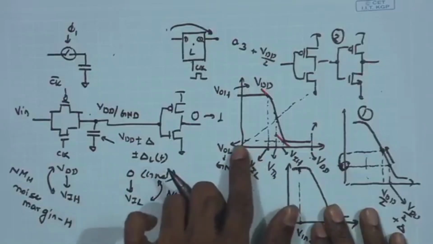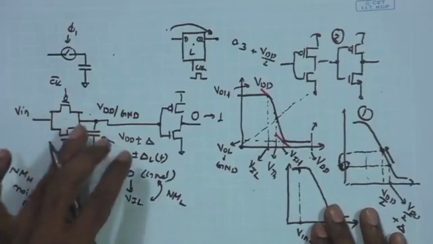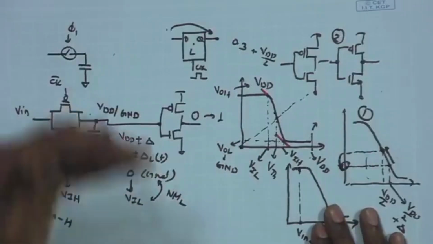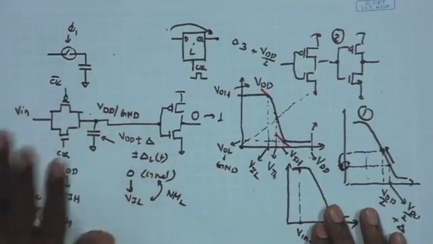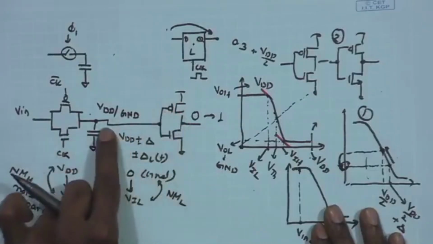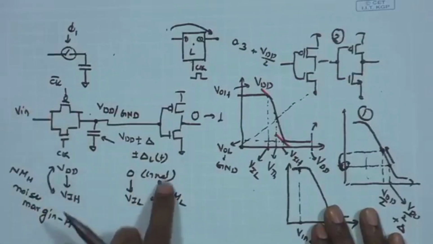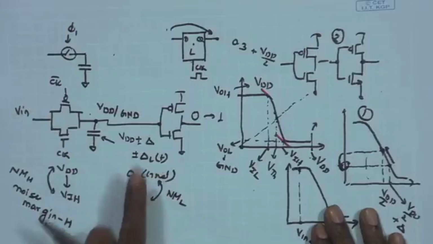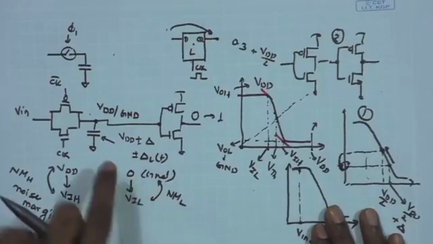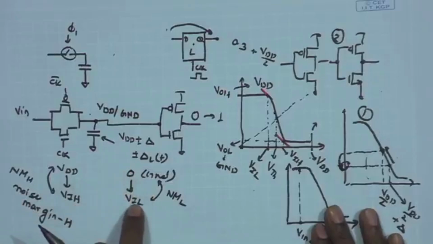So, although ideally it should be 0, because of say leakage, because of disturbances, because of say noise from certain sources, you are ending up increasing this level up to VIL. Even till VIL, the second inverter will be treating this level as logic low, and therefore, we can say this is the noise margin for this inverter on the lower side, starting from an ideal value 0, but even because of some disturbance it goes all the way to VIL.